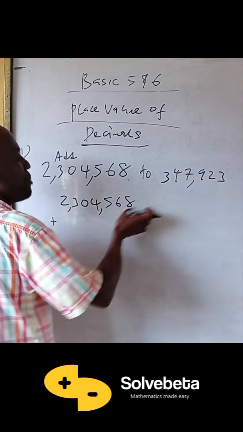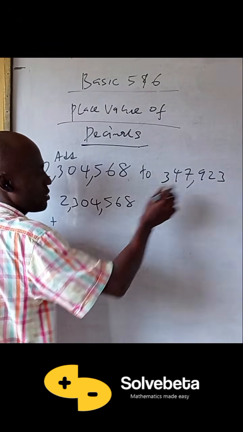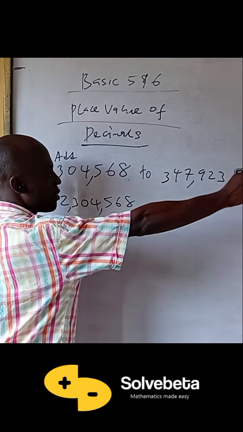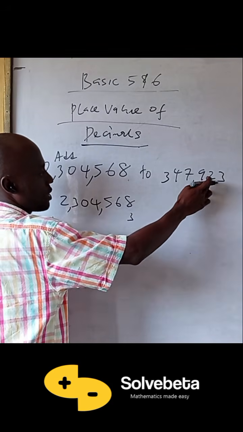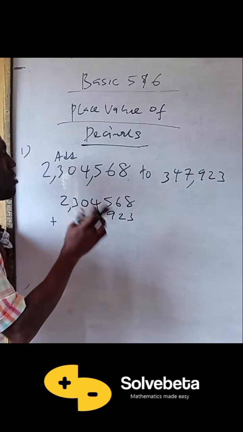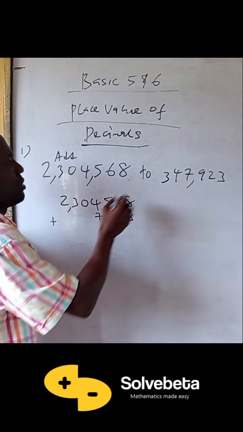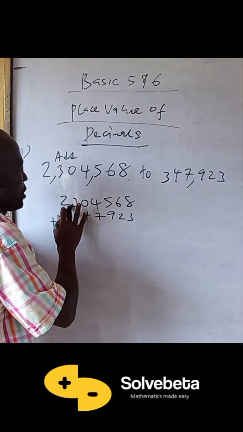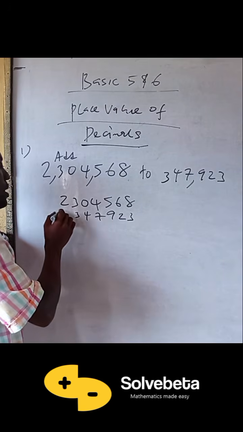The best way is to begin writing these digits from the right. You can do away with the comma.